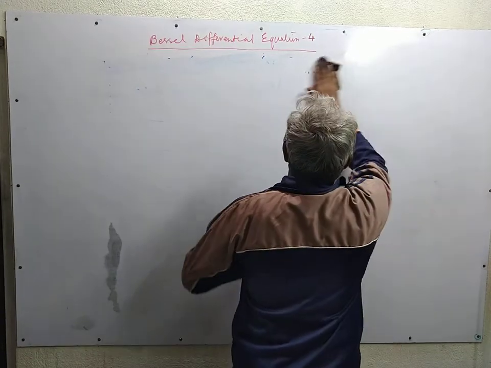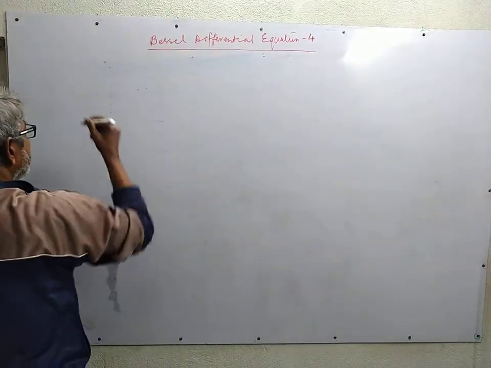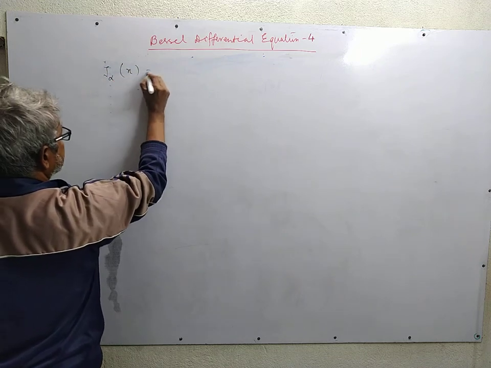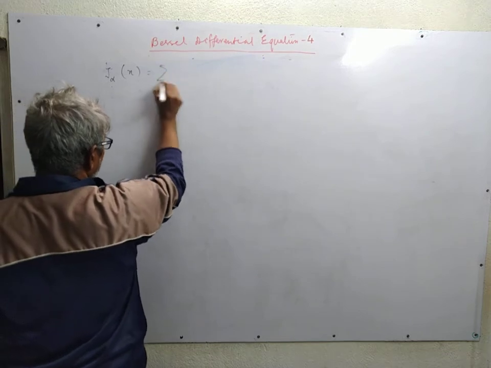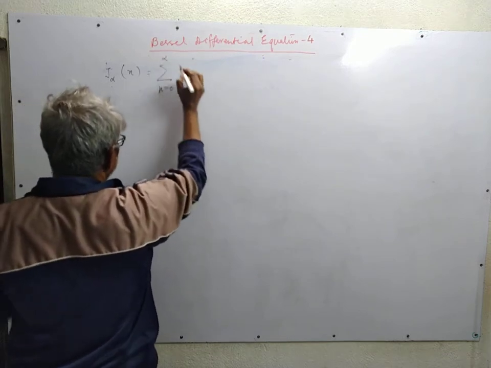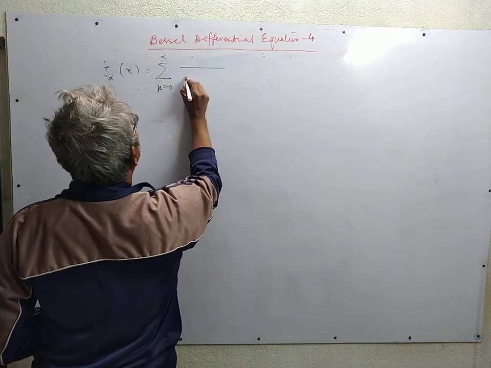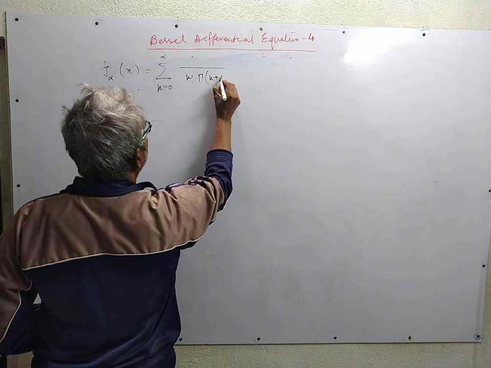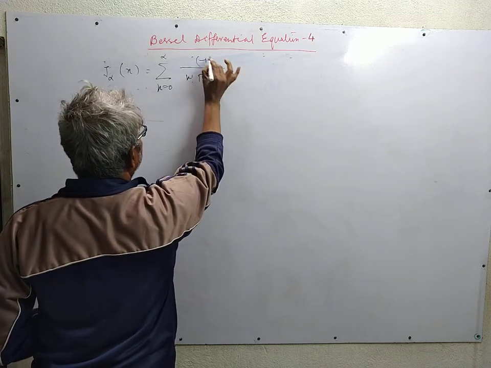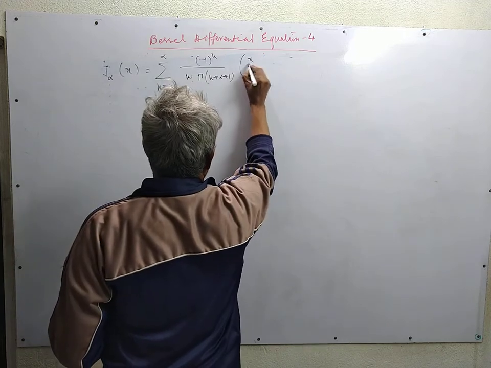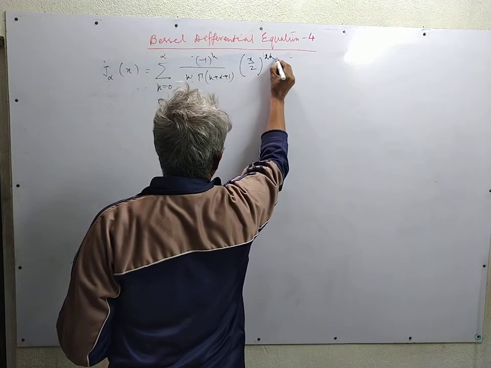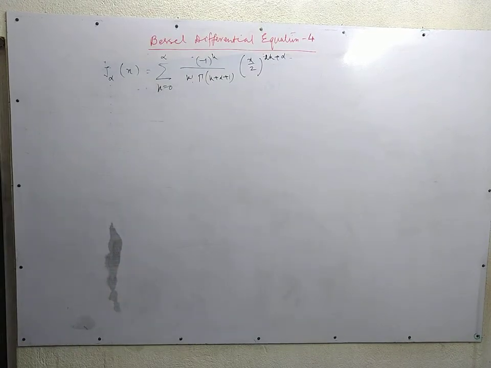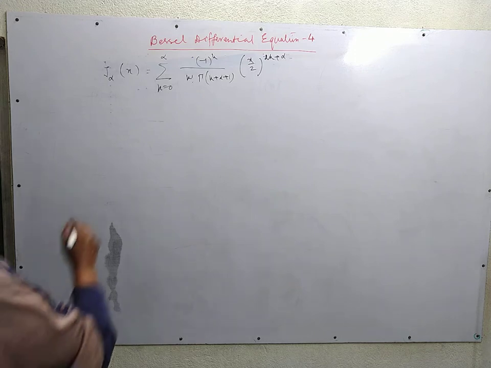Thus, the series expansion for Bessel function of a general order is J alpha of x is equal to summation over k is equal to 0 to infinity of minus 1 to the power k divided by factorial k gamma k plus alpha plus 1, times x by 2 to the power 2k plus alpha. This is the series expansion for Bessel function of general order.